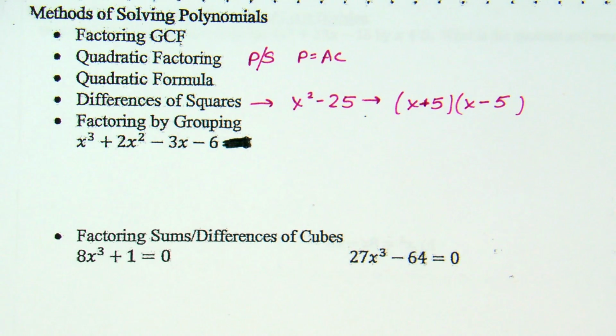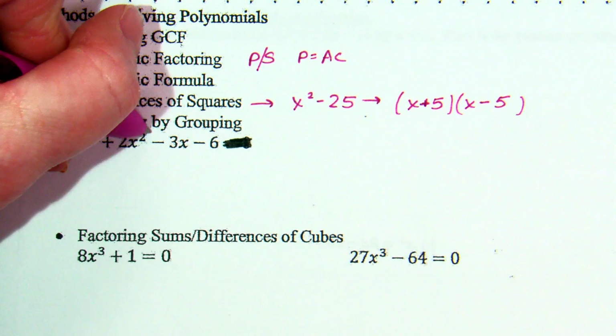As you look at x cubed plus 2x squared minus 3x minus 6, notice there are how many terms here? 4 terms, yes? Think about product of AC. What I usually say, once we have 4 terms, we're going to split this in half.